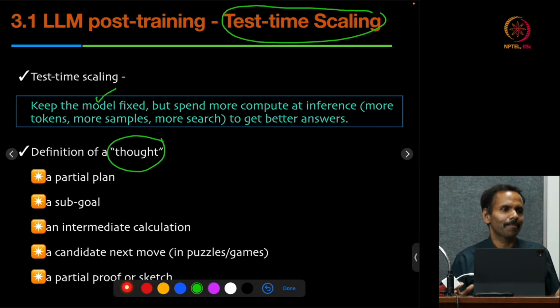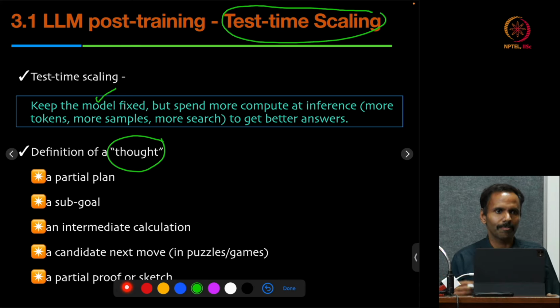It's a partial plan. In a modeling setting, what we mean by thought is a step towards the final goal, a partial plan, an intermediate step, a next move. If you think of a thought in the game of chess, it is your next move.